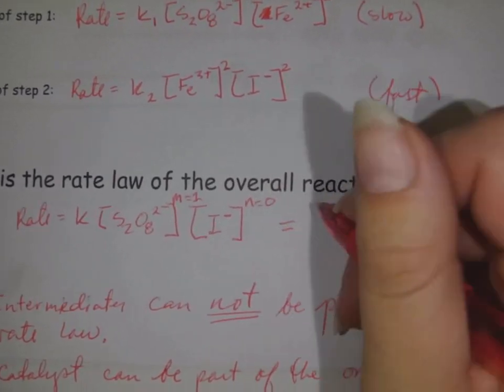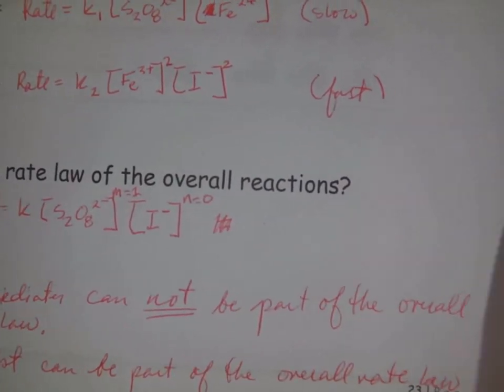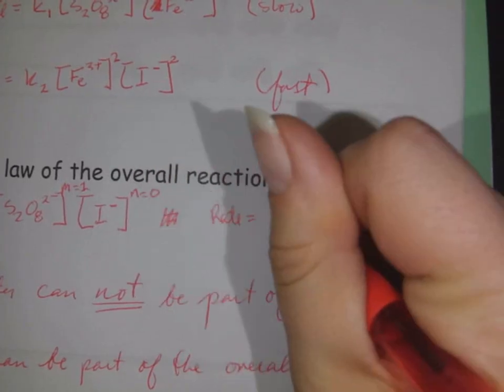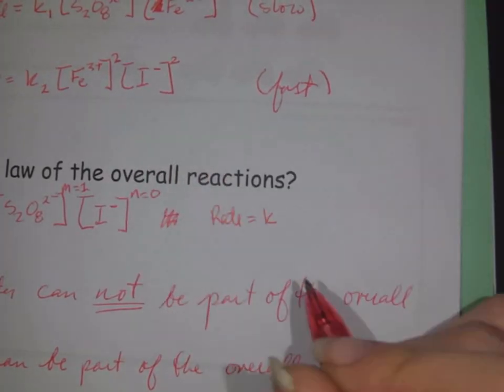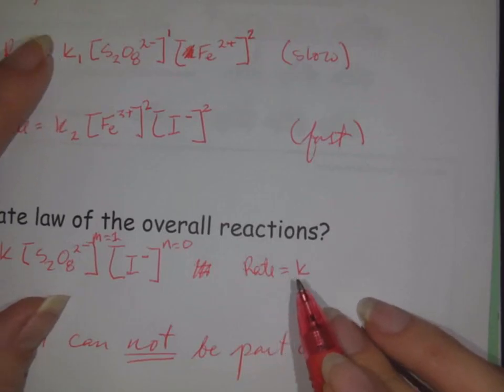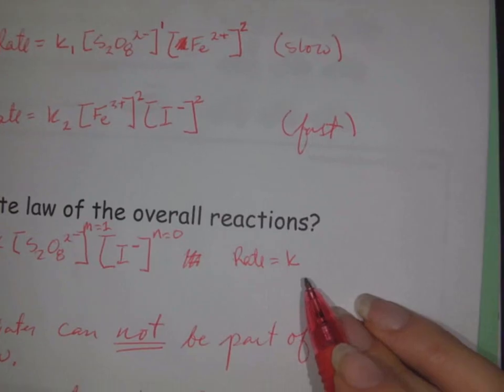So let's do our final answer. What is the rate of the overall reaction? Well, its rate is equal to K. And usually at this point, we drop the subscript 1. It is the same K value, but we usually drop it at that point.